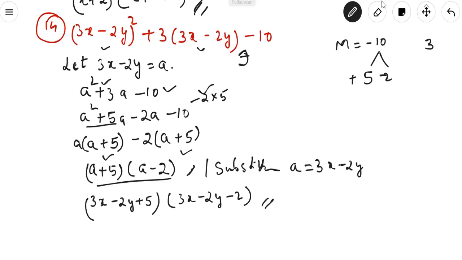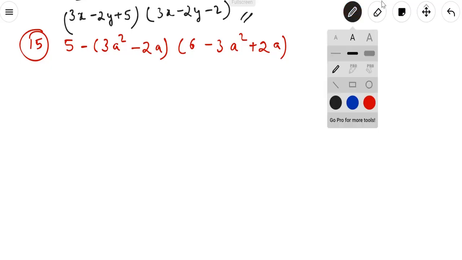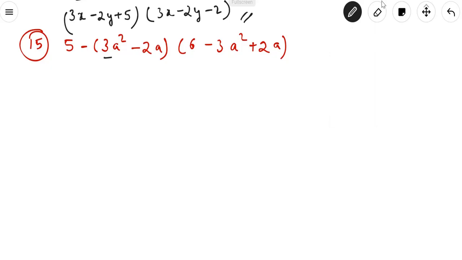Okay, so next we will go for problem number 15. So what we can do, can we put in this form, this one is 3a square, this is also a square, and this also is 2a. So we have to take common minus outside, so this will be in this form.